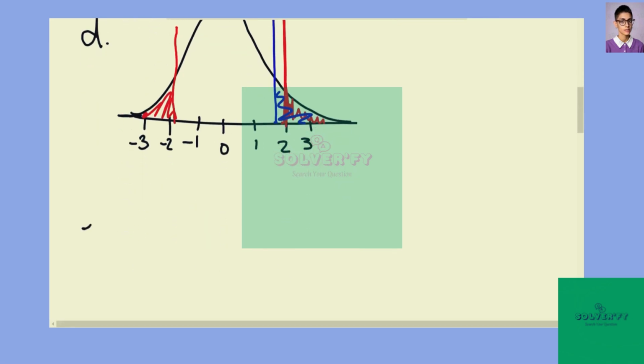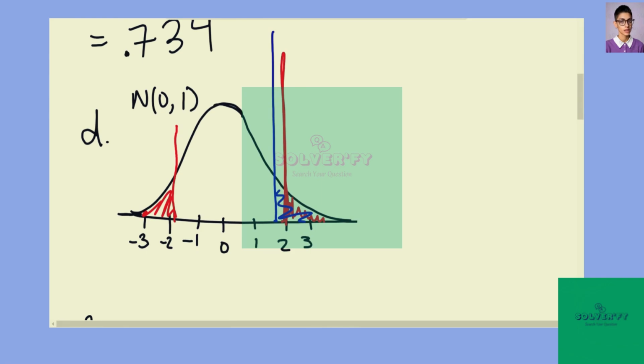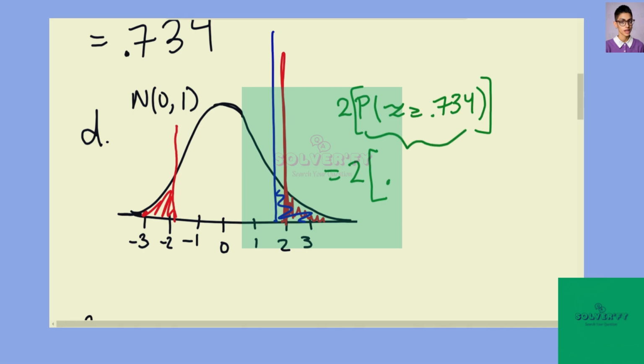For our conclusion, well, it'll be easier if we first find our p-value. So our p-value is 2 times the probability that z is greater than or equal to 0.734.